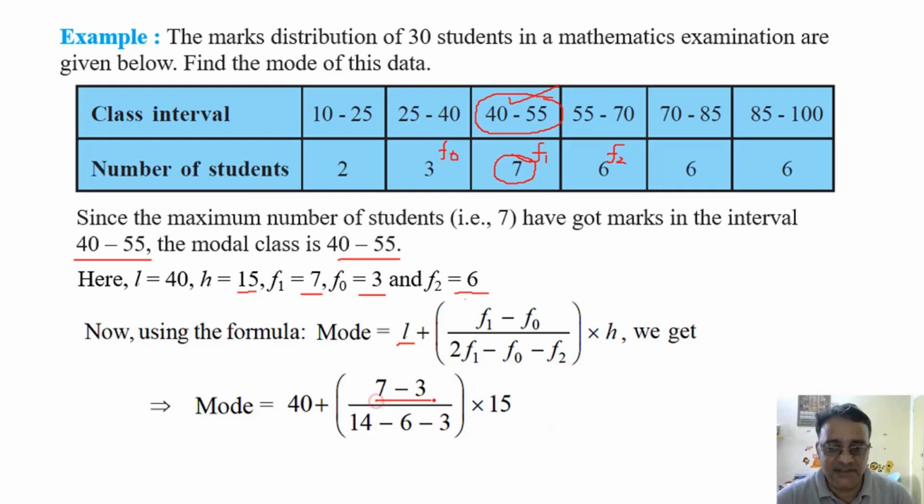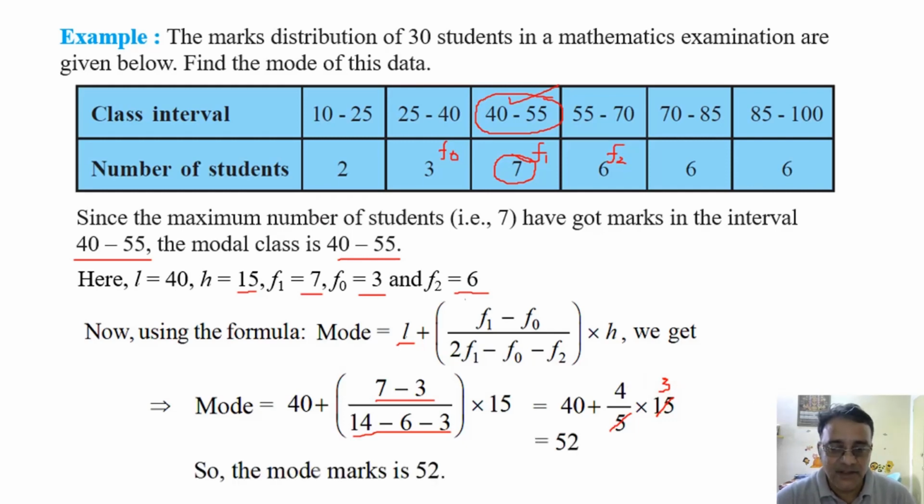Okay, 7 minus 3 is 4 and 14 minus 6 minus 3 is 5. So you'll get 4 by 5. This you can cancel. So 40 plus 12. What is the final answer? 52. Hence, the mode marks is 52. So in this way, you have to find the mode.